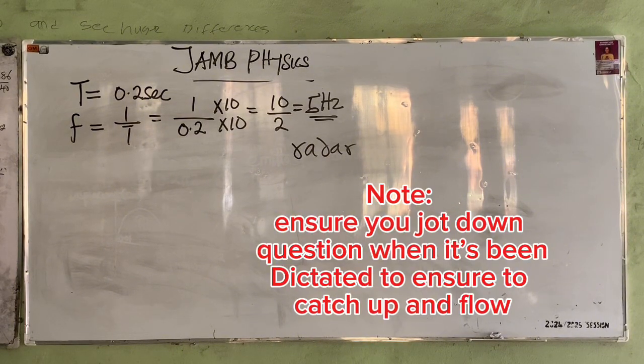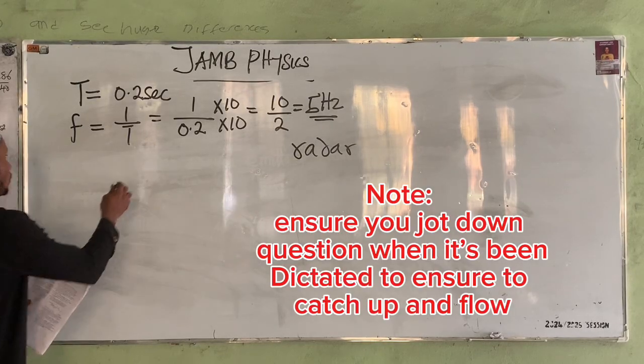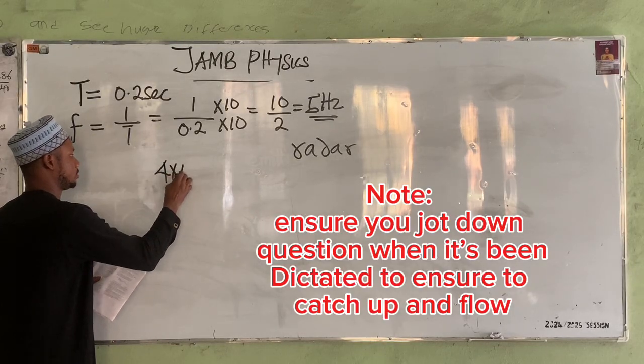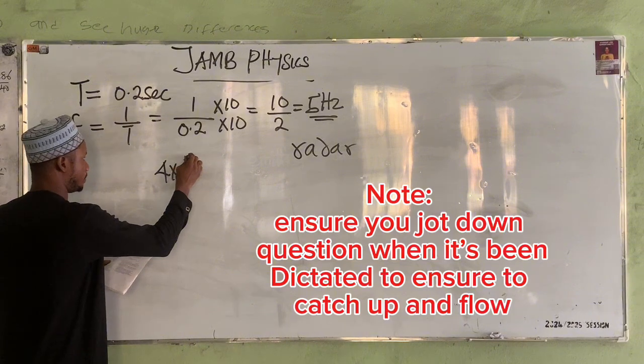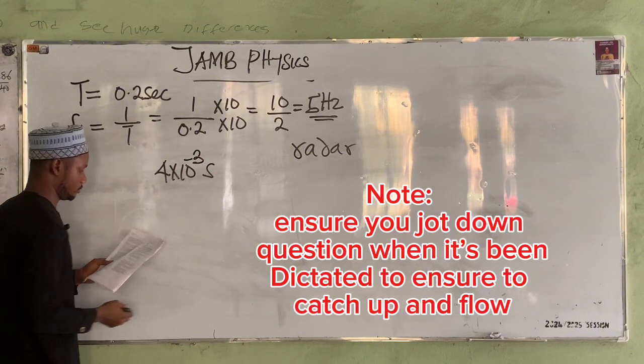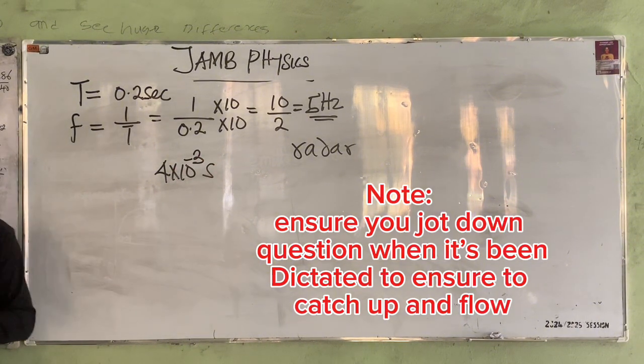Radio waves emitted from an antenna are picked up by radar after reflection from an aircraft in 4 times 10 raised to the minus 3 seconds, full stop there.